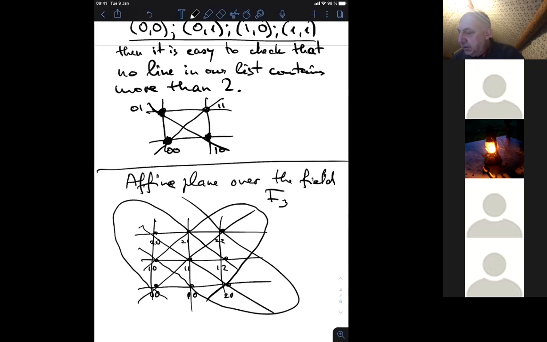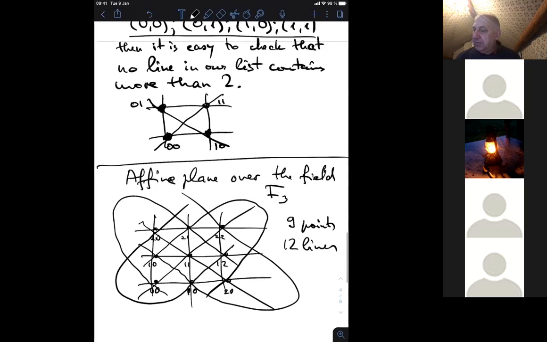And finally, one more is missing, this and that. So 9 points, 12 lines. Okay, so that's the first non-trivial example showing how points and lines can be arranged in a finite affine plane.